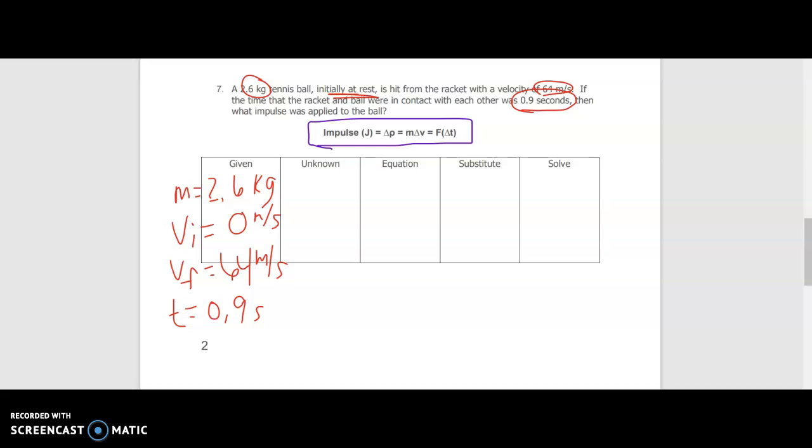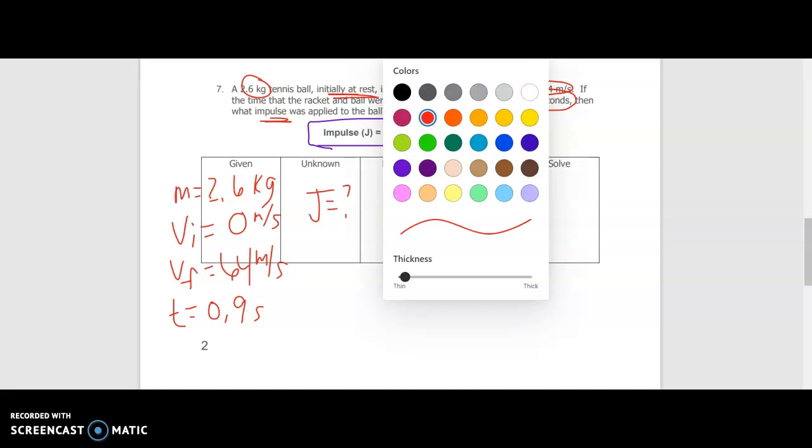So from looking at our givens, we were given mass, the initial velocity, the final velocity, and time. And we need to find the unknown. The unknown was, what is the impulse? So impulse, J. That's what we're looking for. So based on our equation, we're going to have to use this part of our equation.